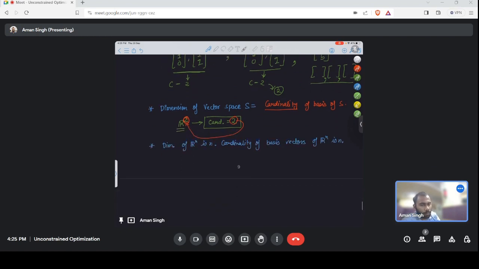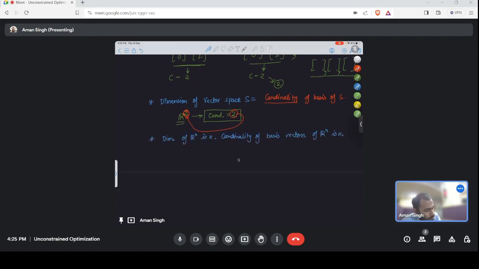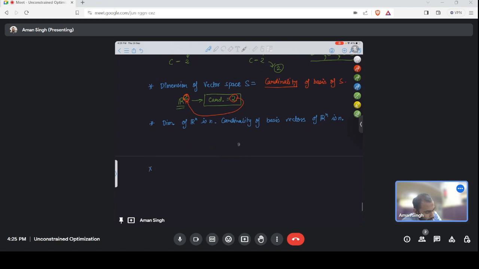So there are two more properties that you should note.